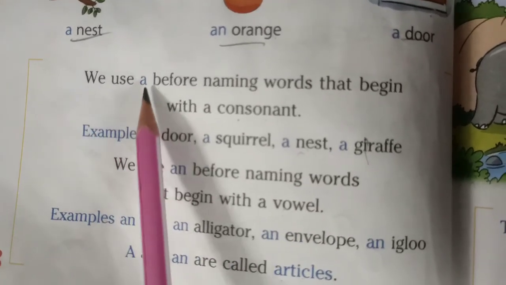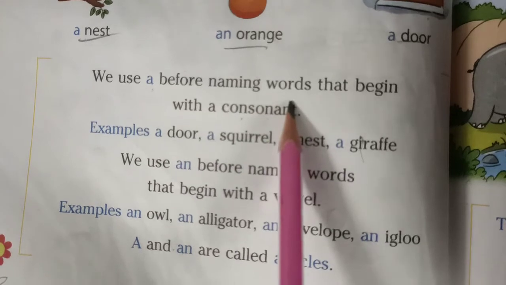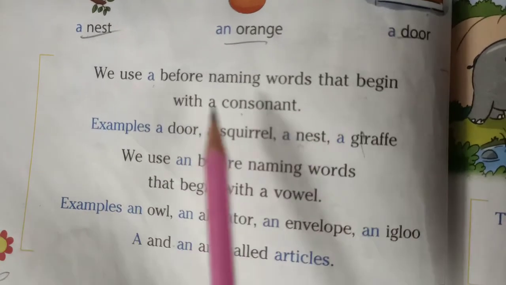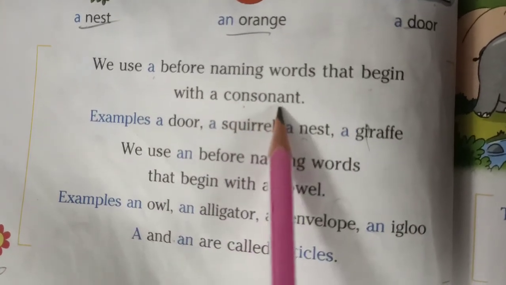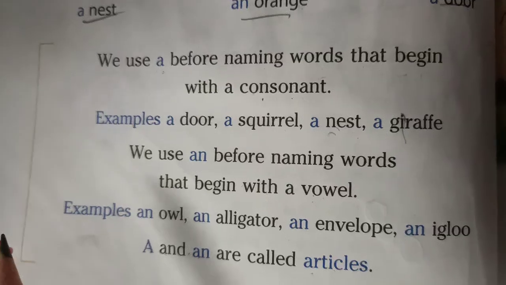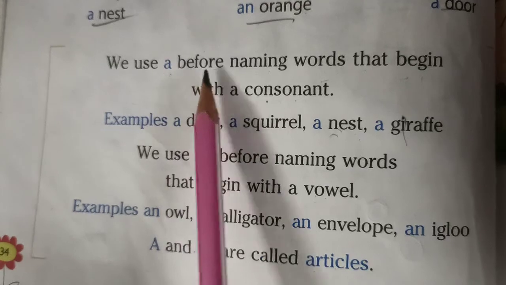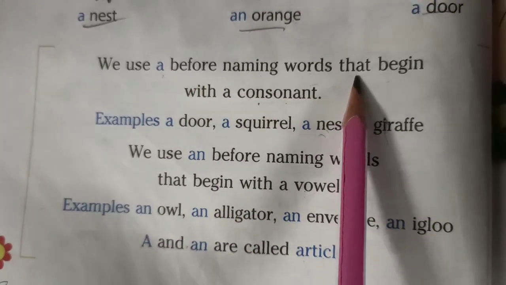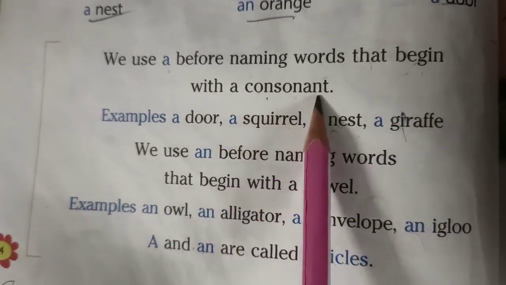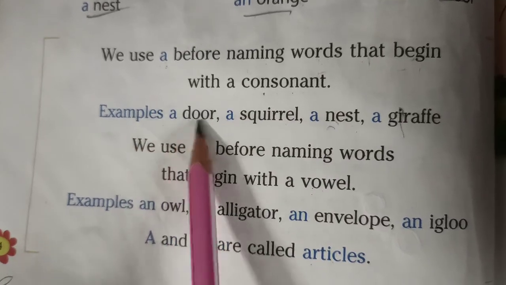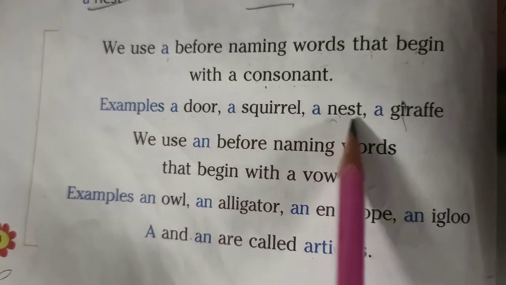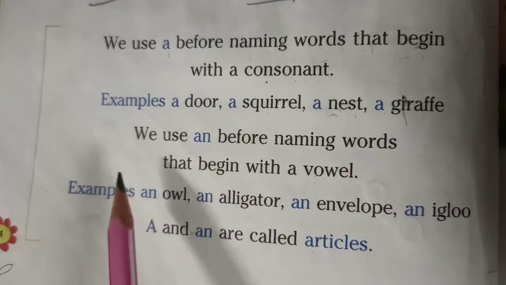We use a before naming words that begin with a consonant. Examples: a door, a squirrel, a nest, a giraffe.